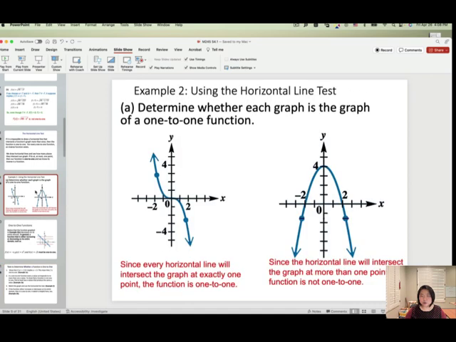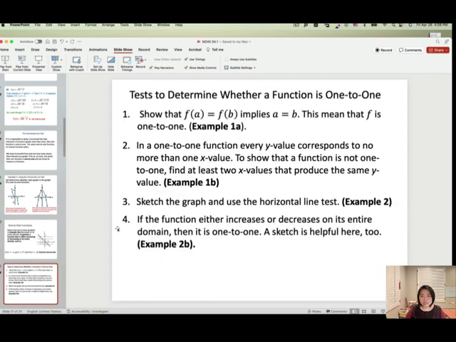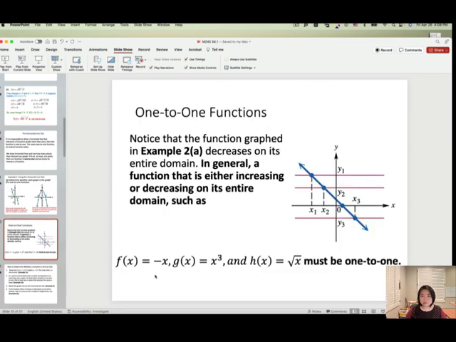Just like this one, we can graph the function and then apply the horizontal line test. Last one, if the function either increases or decreases on its entire domain, then it is one-to-one. A sketch is helpful here too. This is what we just talked about, these 3 functions, right? They are increasing or decreasing on their entire domain.